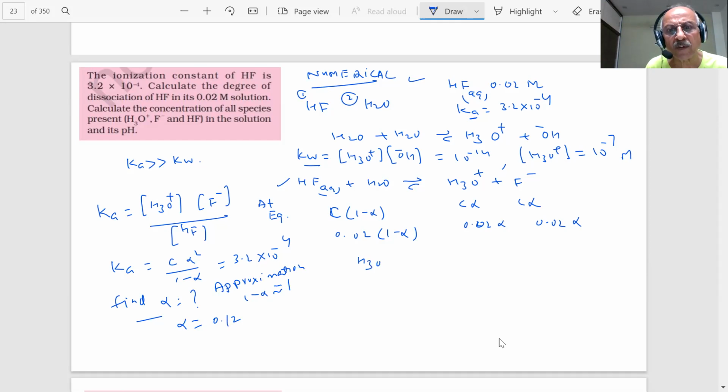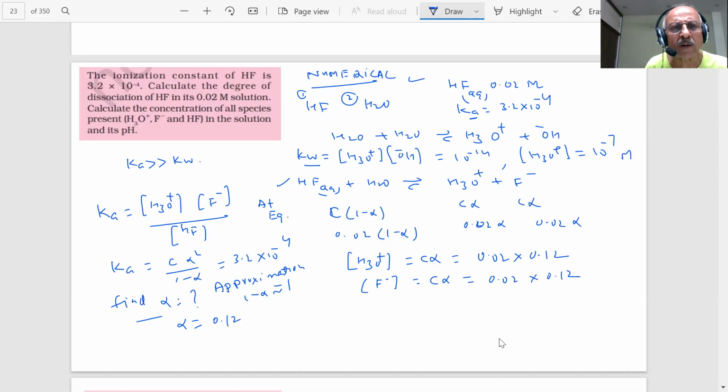So if alpha is 0.12, then what is the value of H3O plus? C alpha. What is C? 0.02 into 0.12. And F minus will be equal to C alpha, 0.02 into 0.12.